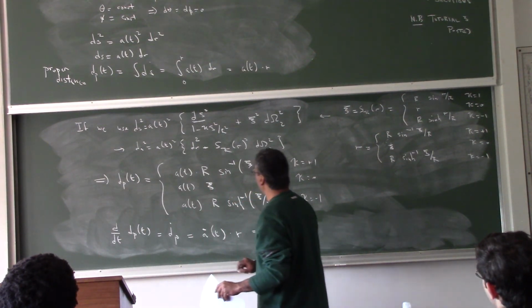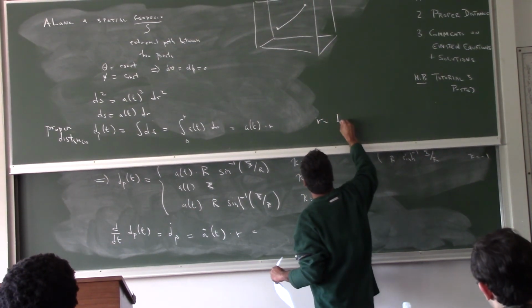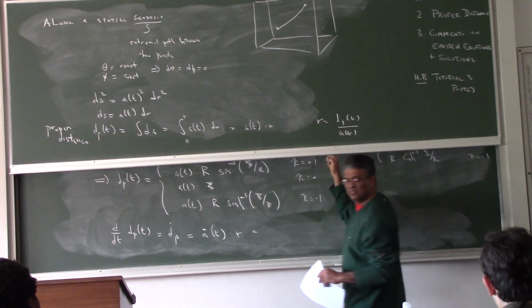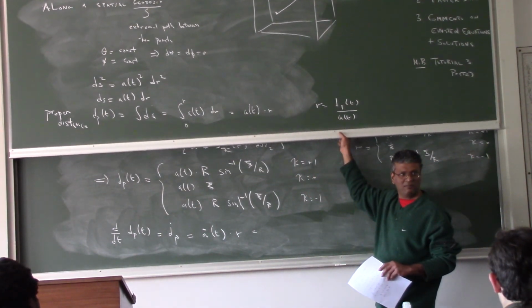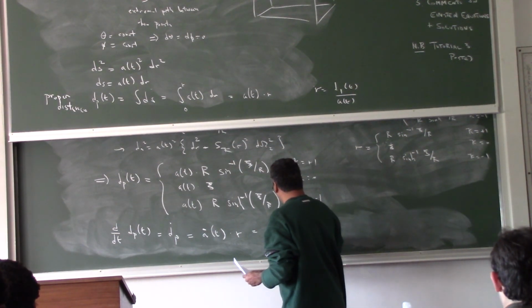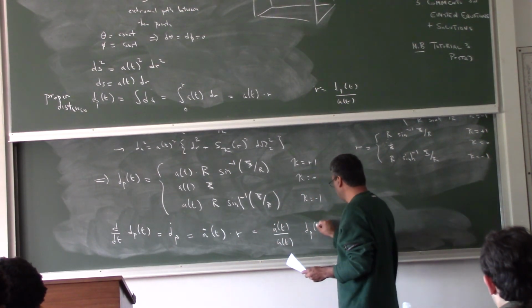So, r is dp of t over a of t. Right? So this then is a dot of t over a of t times dp of t.